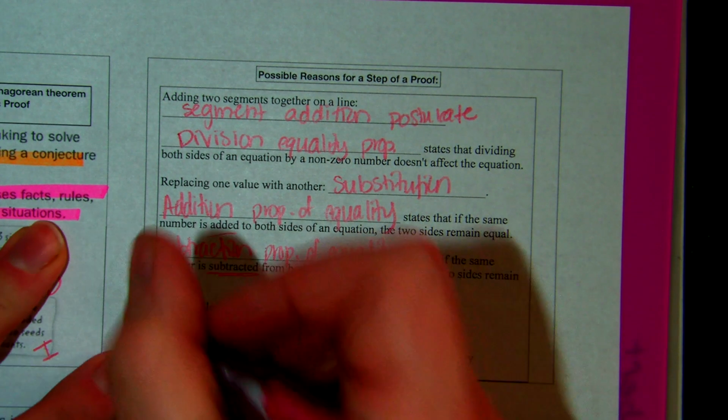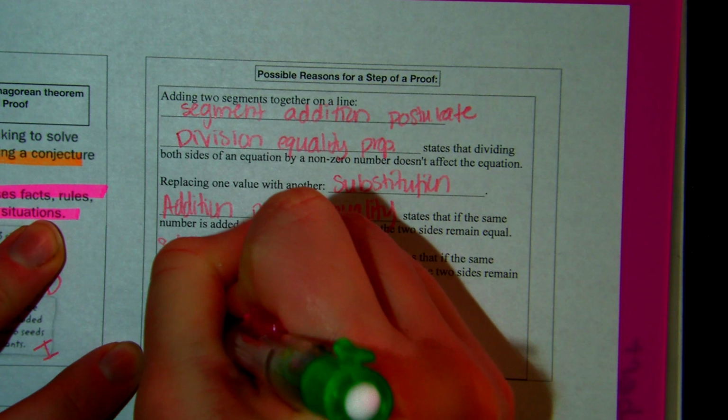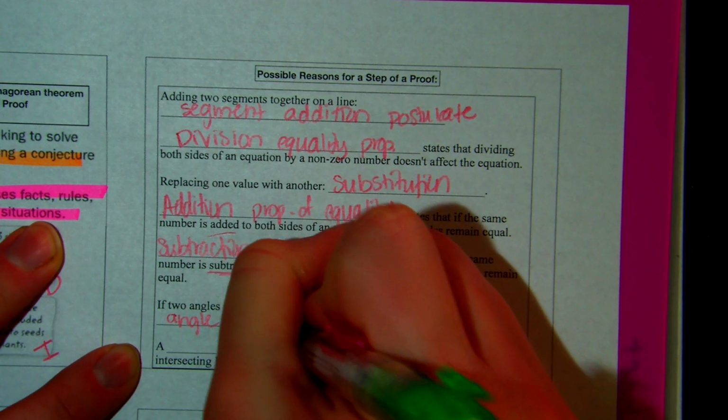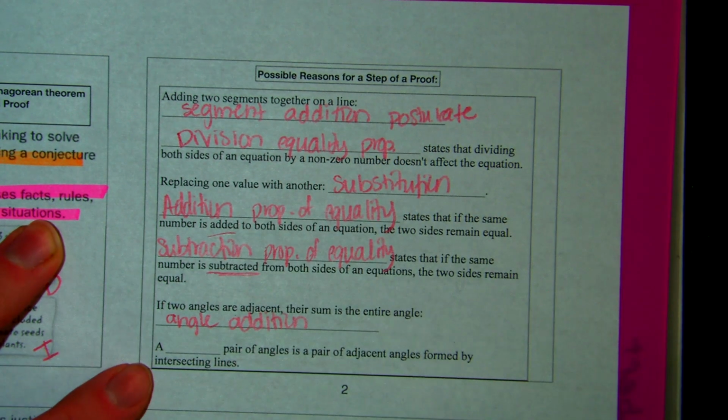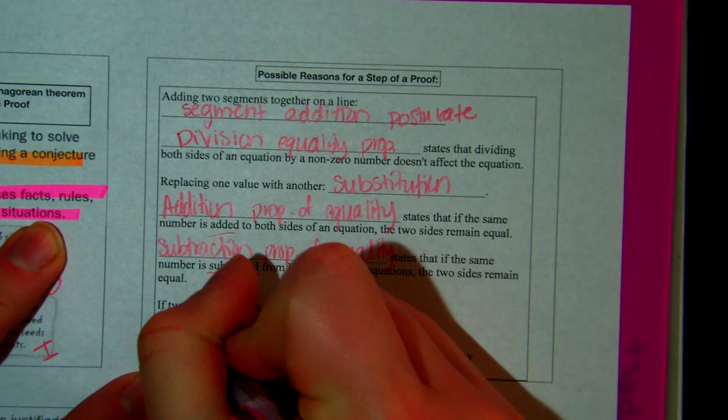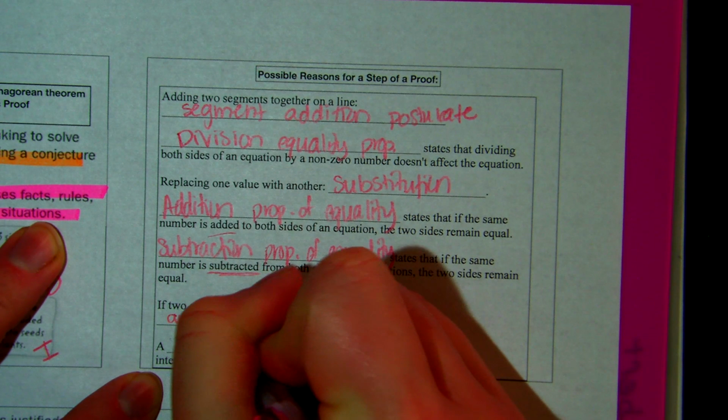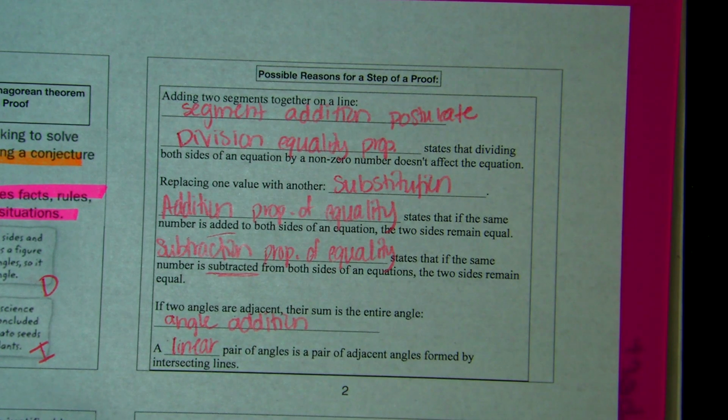Well, that's called angle addition. A linear pair of angles is a pair of adjacent angles formed by intersecting lines. So those are some things we might use to help us with our proofs coming up.